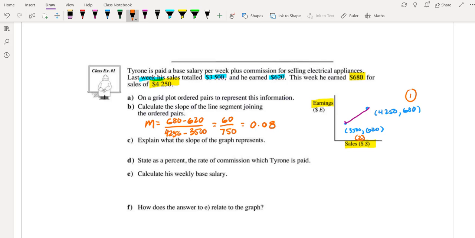So what does this slope represent? Right, we have dollars on the top, dollars on the bottom. You gotta also pay attention to what each dollar represents. We have dollar earnings and dollar sales.